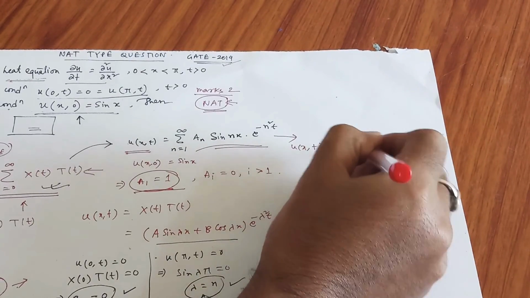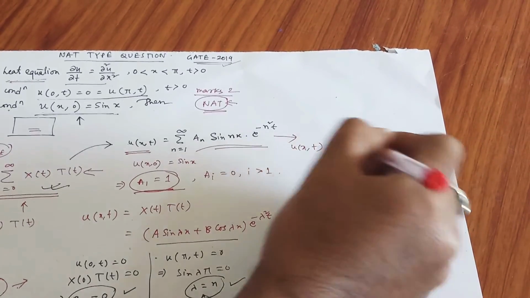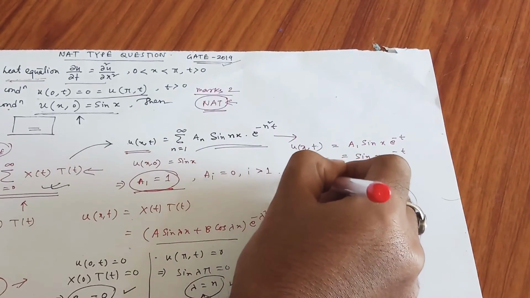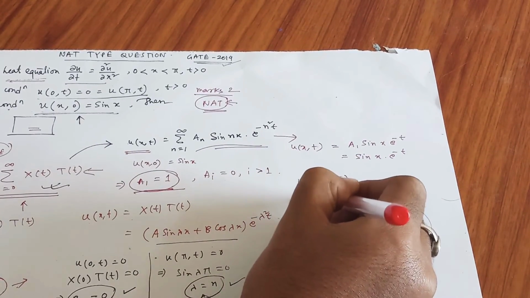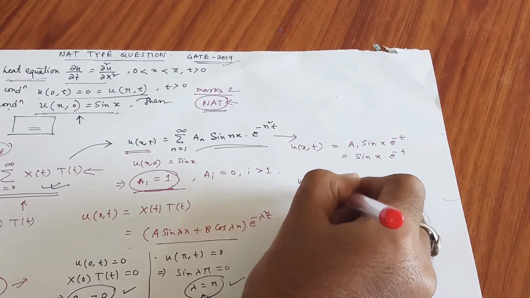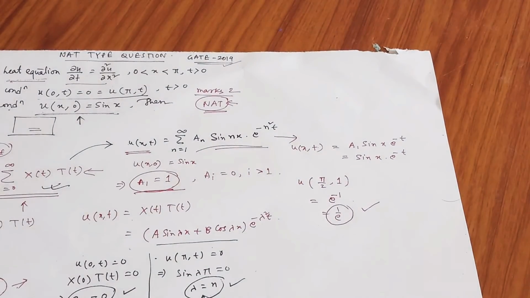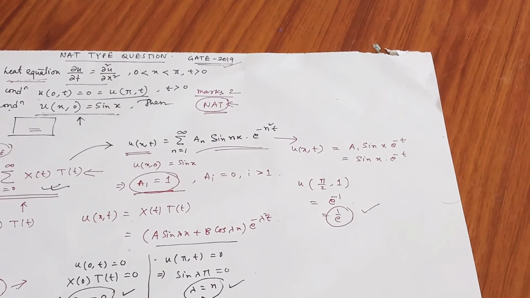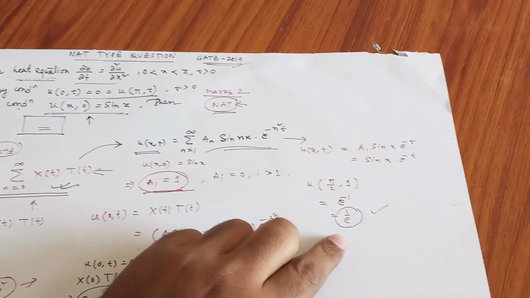So here a1 means 1, so you have sin x into e to the power minus t, and in the problem u(pi by 2, 1) it is, so e to the power minus 1, that means 1 by e is your answer. And in the exam hall you will be given a scientific calculator. You just plug in the value of 1 by e and put it here.